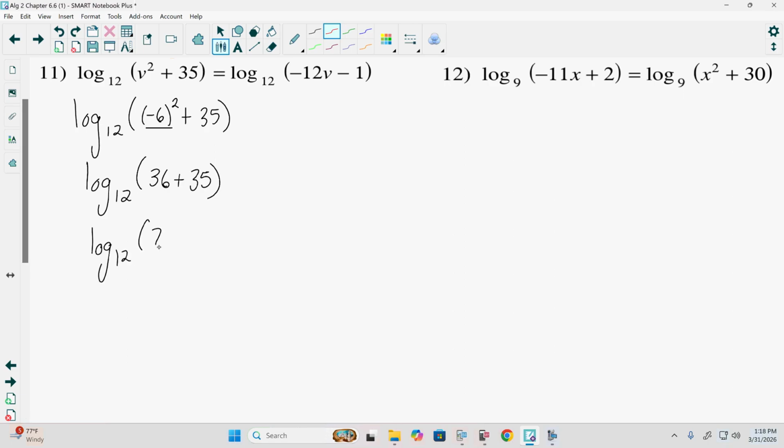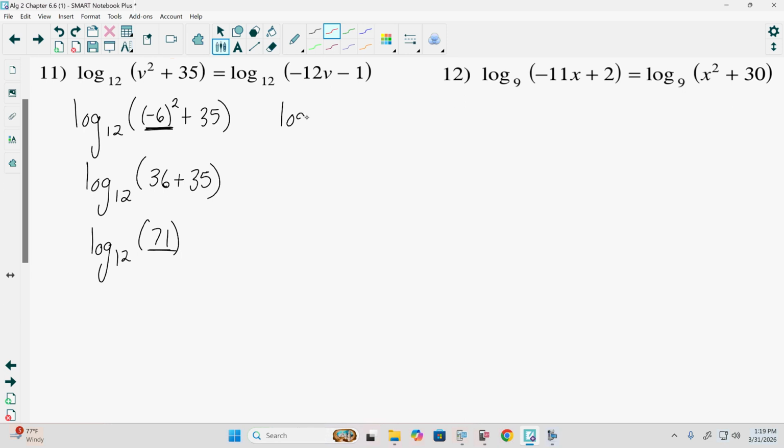And 36 plus 35 is 71. Is what's inside the logarithm now negative? No, it does not care that I plugged a negative in. It says, is this final number negative? If it is, can't take it. If it's 0, can't have it. But positive 71, I can take log base 12 of 71. That is fine.